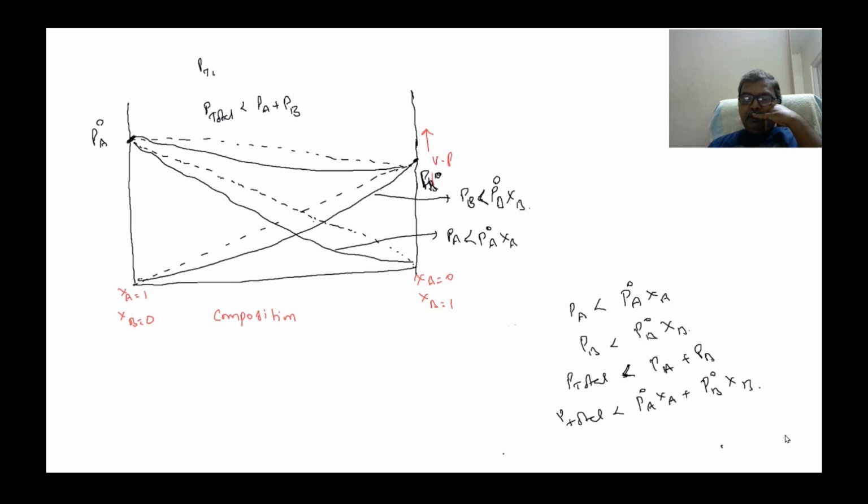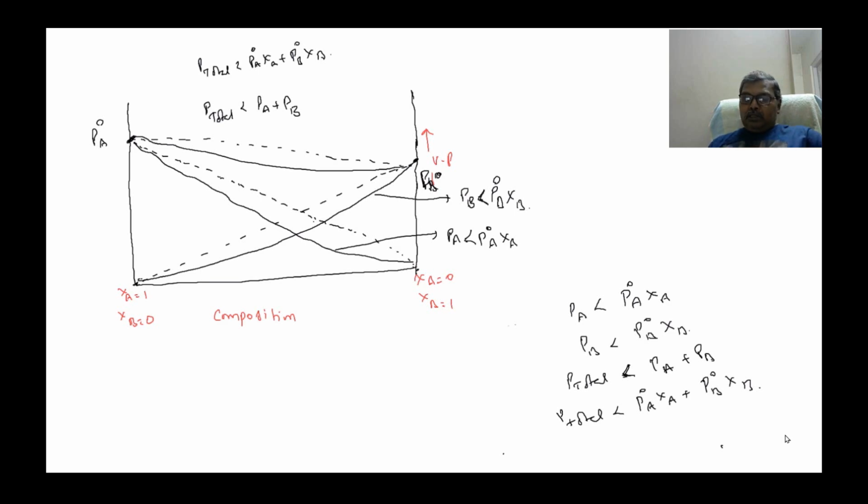P total is less than PA naught XA plus PB naught XB. Clear? At any composition, from the left side to the right side, P total is less than PA plus PB. Right?